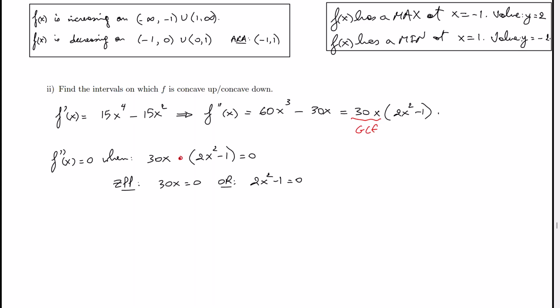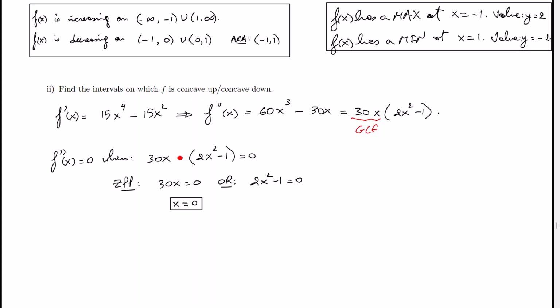Remember this product, 30x times 2x squared minus 1, consists of 2 factors, so either the first has to be 0 or the second has to be 0, and that's according to the zero product property. Now, 30 times x will be 0 when x itself is 0. I think that's pretty obvious. Sorry, 0 times 30 will be 0.